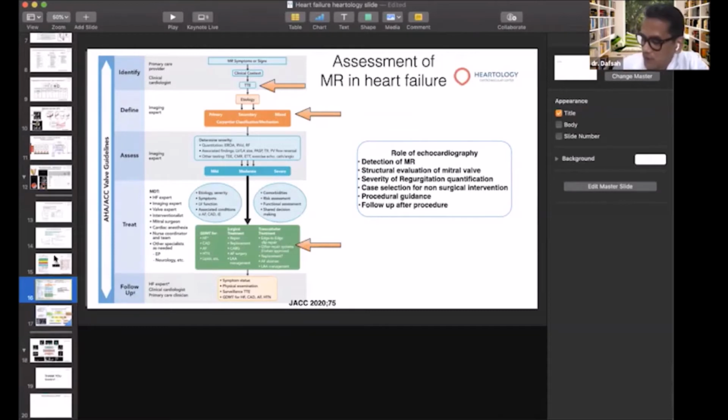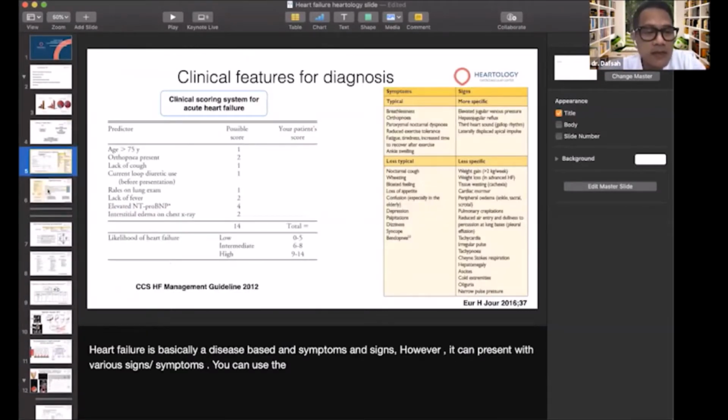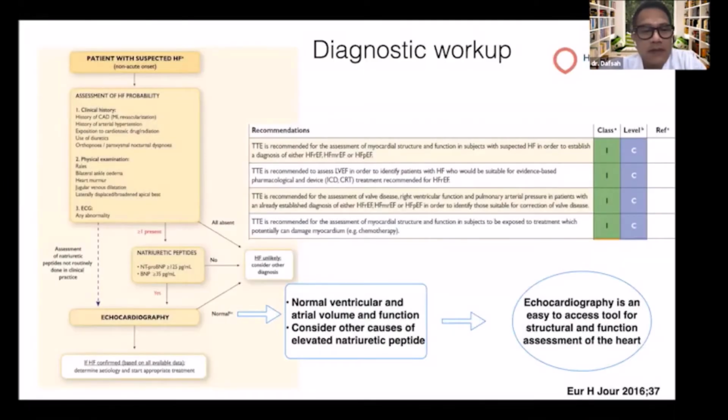You also mentioned that echo here has a diagnostic and also a prognostic value. Can you enlighten us? What would be the advantage of echo examination over NT-proBNP regarding the diagnosis of heart failure and also the prognostic value?